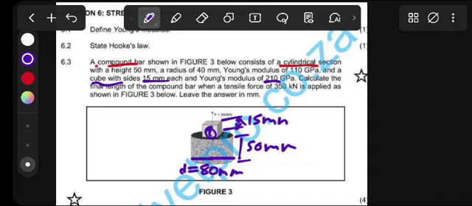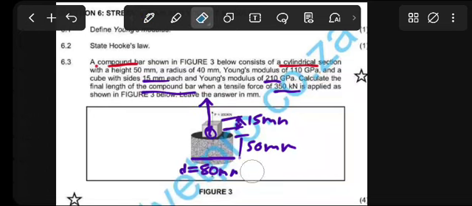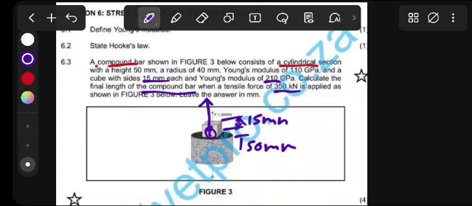It says calculate the final length of the compound when the tensile force is applied as shown in the figure below. You see it is pulling, stretching this compound.